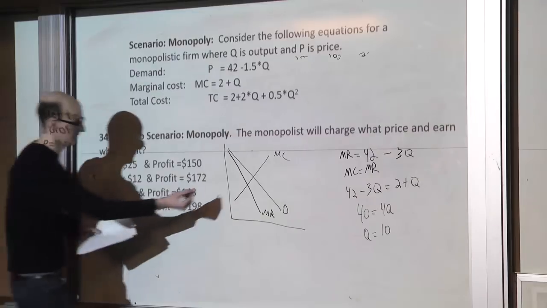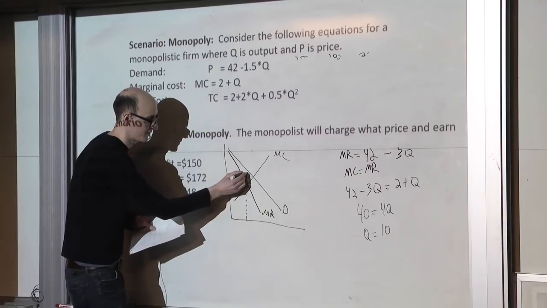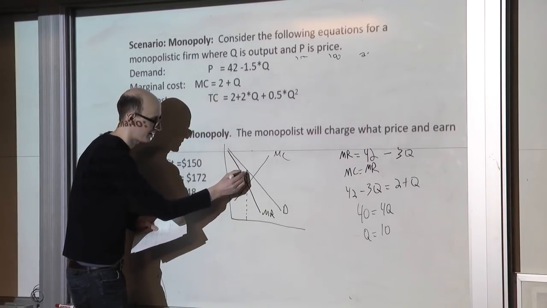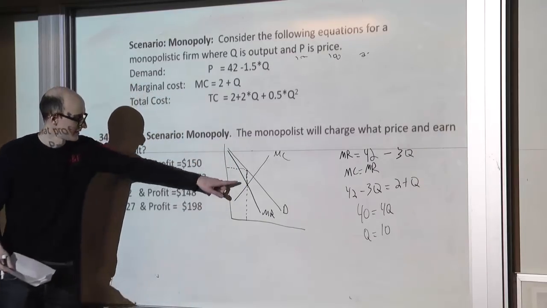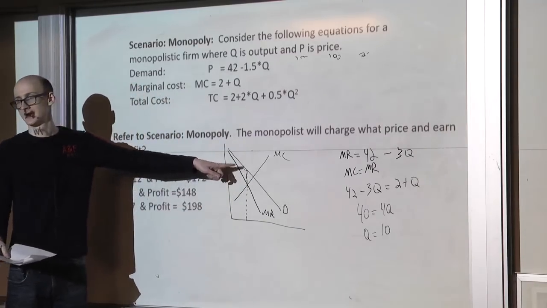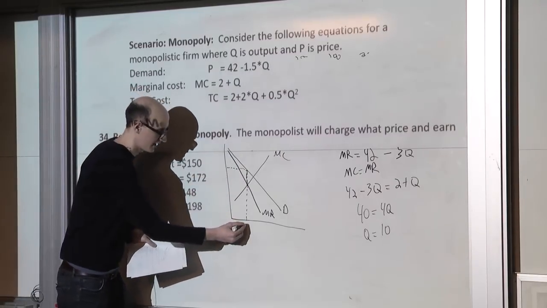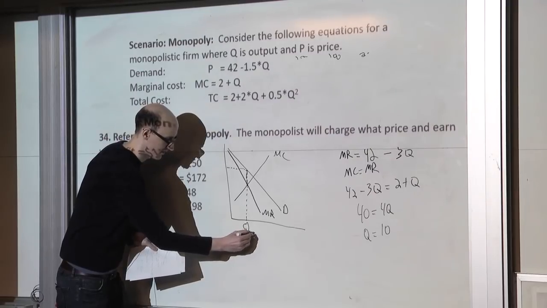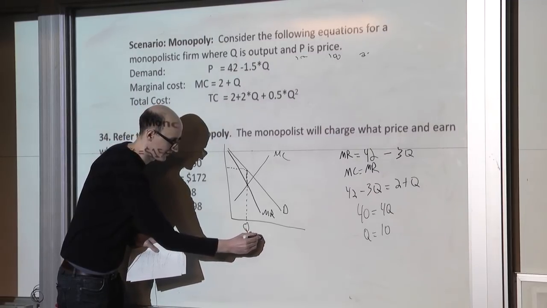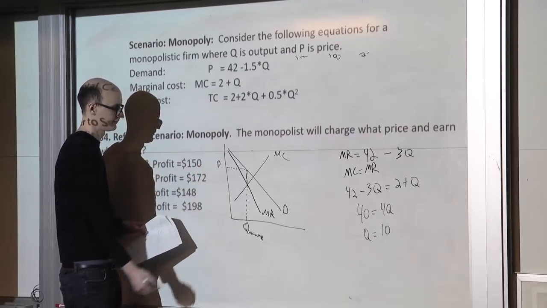No, because why would they do that when they can produce at that amount? Since they're the only firm in the market and they don't have to compete with anyone, they can just capture the whole demand curve and increase price to where that quantity, the quantity where marginal cost equals marginal revenue, is. They're going to go to this price, okay?